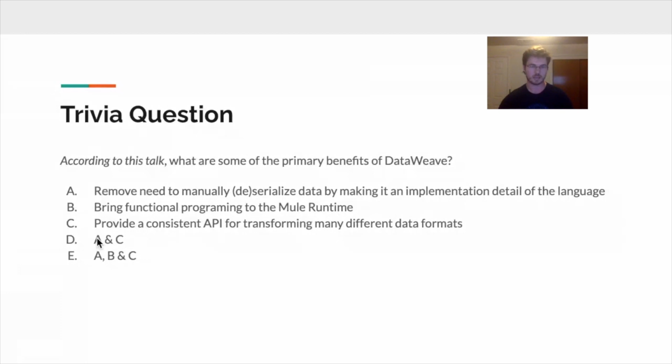I say API there. I think it's important to talk about really quick what an API is. In the Mule world, we mostly think of APIs as HTTP APIs. So we make these HTTP calls, gets, posts, puts, and we either send data to a server or we get data back from a server. But API is just an application programming interface. So a function, for example, is an API, and a programming language is an API.